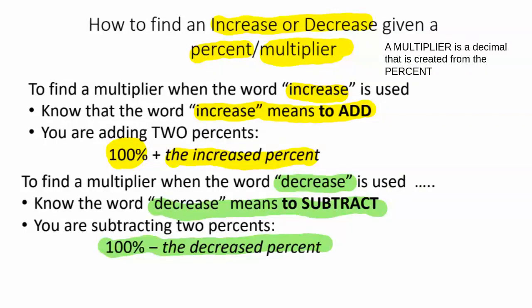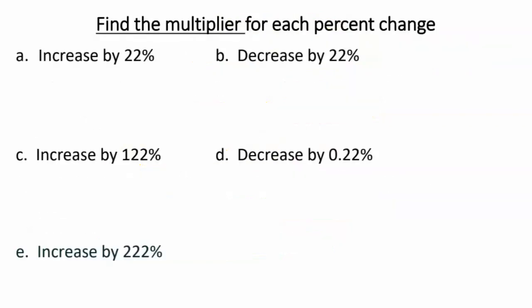Now, you're going to notice what they have here as we work through the vocabulary. Notice the instructions. It is saying find the multiplier. Okay, that means find the vocabulary word. Well, we have increase. It says increase by 22%.